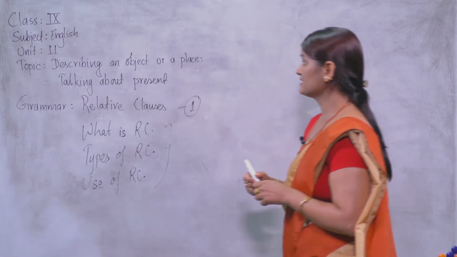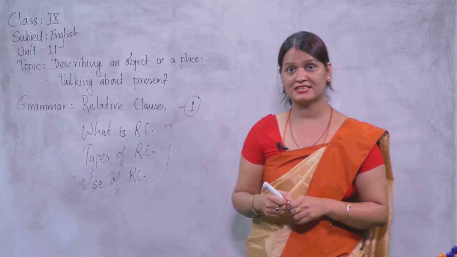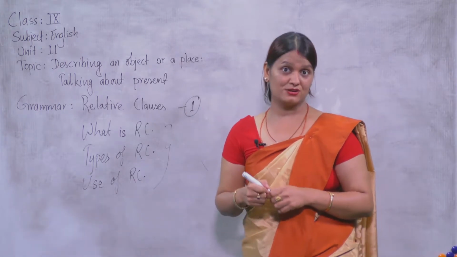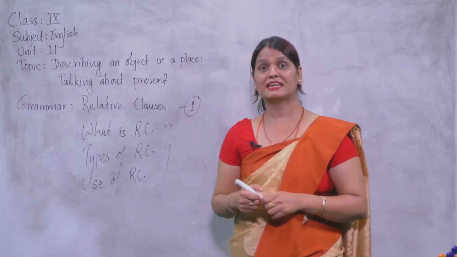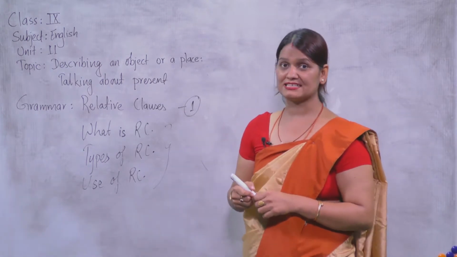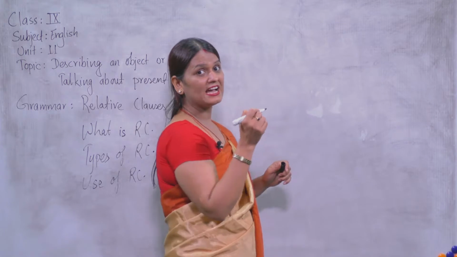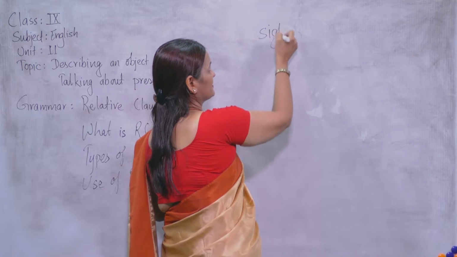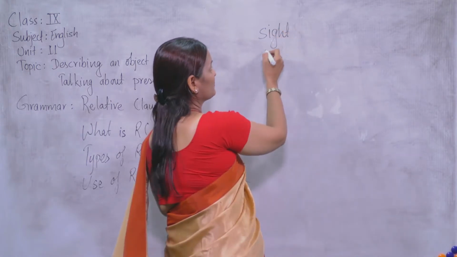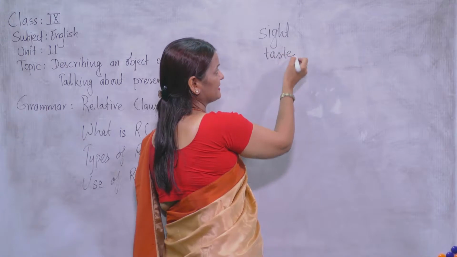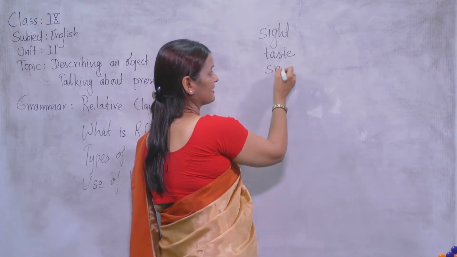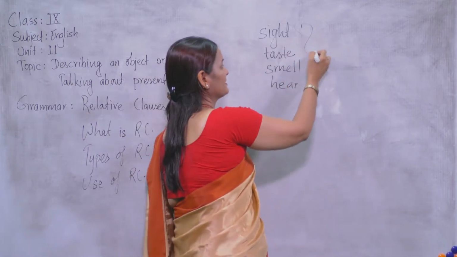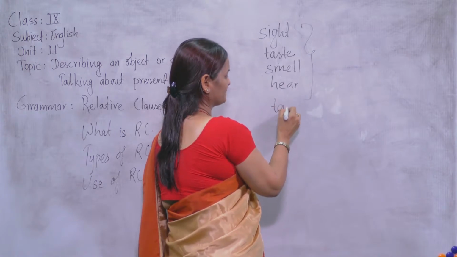In our previous class, we had discussed about memoir writing. There, we had learned that the writer has visited an orchard, an orange orchard in Sangja, and she has shared her experience. She had shared her experience based on what she has seen there, what she has tasted there, okay, and smell there, okay, hear there, and also touch.